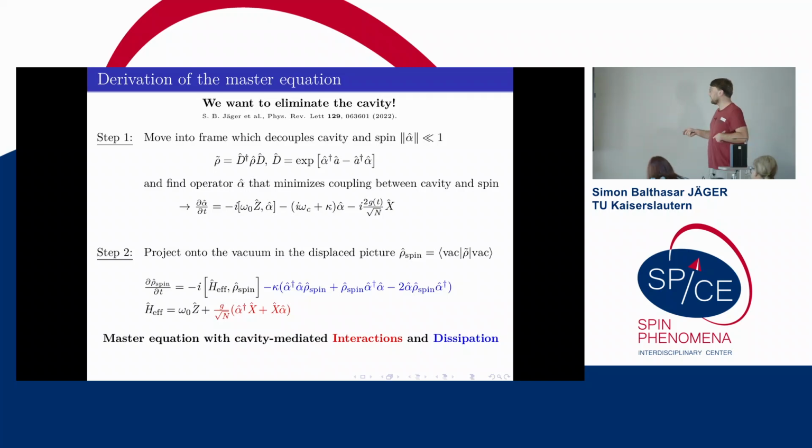What you get then is a description just for the atomic degrees of freedom, which are now governed by a new master equation, which first has a coherent part with an effective Hamiltonian, and then also a decay part, which is the second term over here. Because of the cavity, because of this effective field operator, we have, besides the normal motion of the spin, also the coherent cavity-mediated interactions described by this red term, and also the cavity-mediated dissipation, which is done by this jump operator alpha.